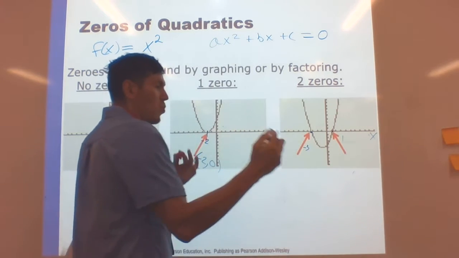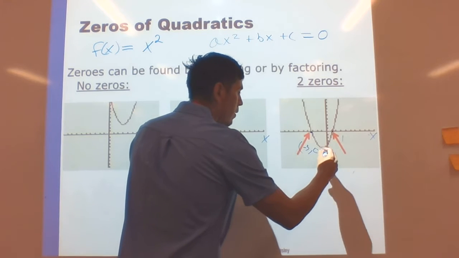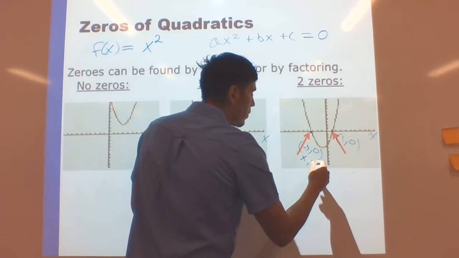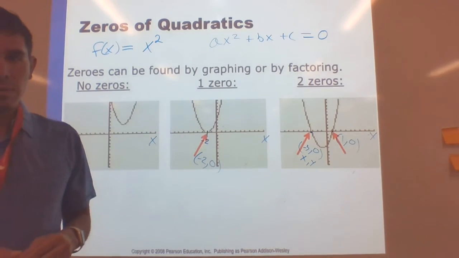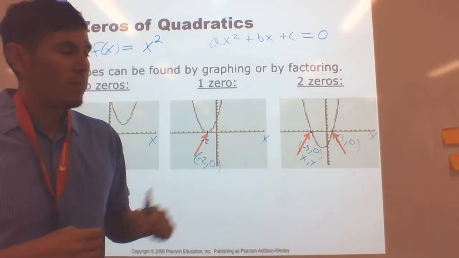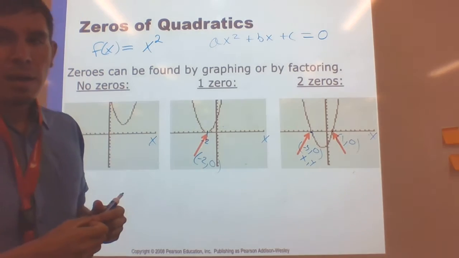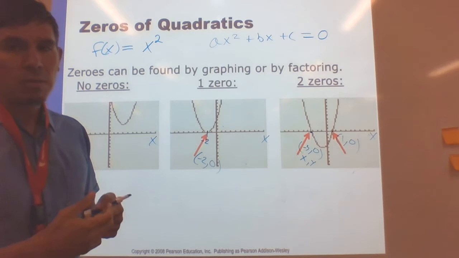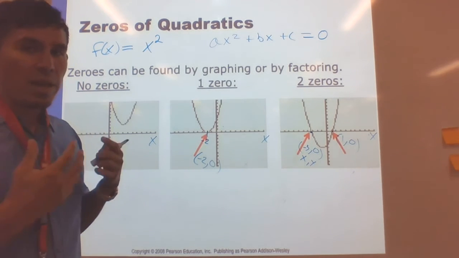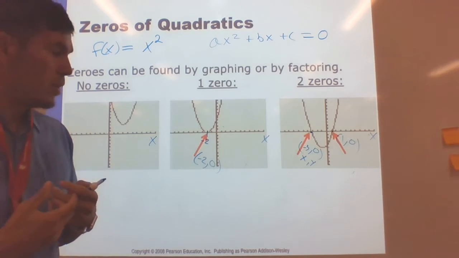So it has 2 zeros because it crosses, it touches in both of those locations. So again, we're going to move on in terms of parabolas, quadratics, and zeros, and bring it together here at the end of this unit.